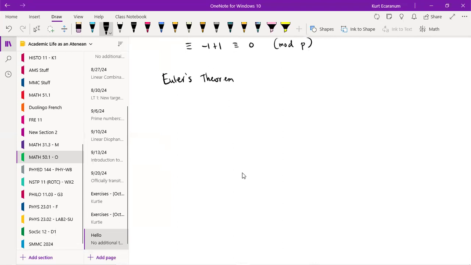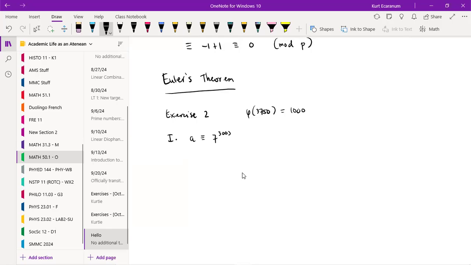So 1 says that A is congruent to 7 to the 3003.